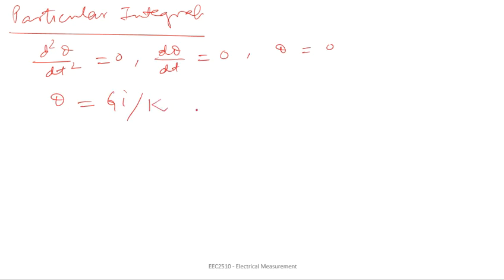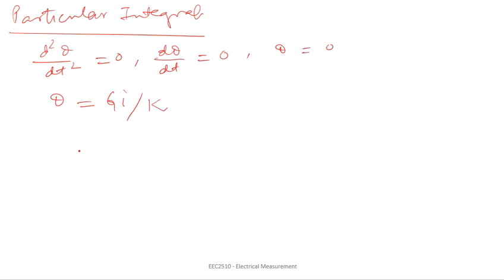Under steady state conditions this should be 0 and this should also be 0, because there is no deflection under steady state condition. So putting the above conditions in the previous equation, you can get theta f to be gi over k.